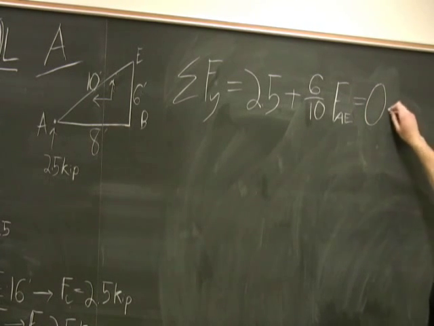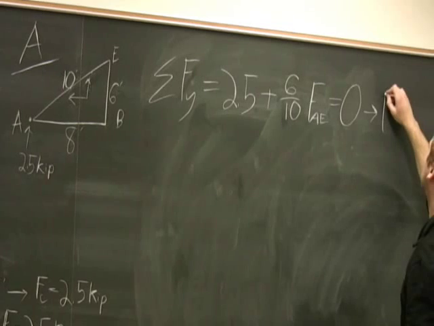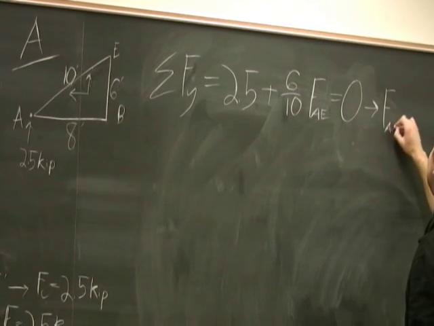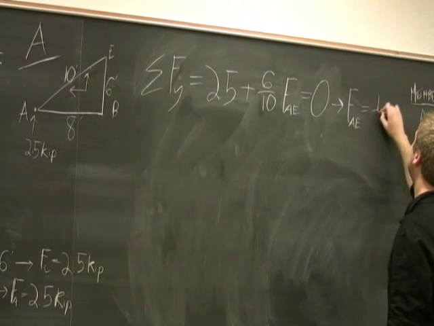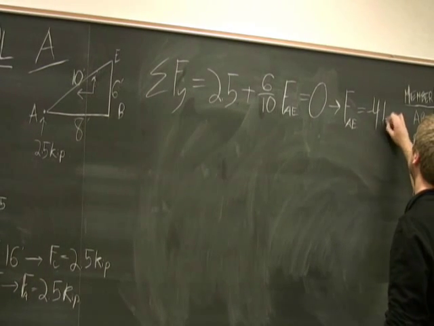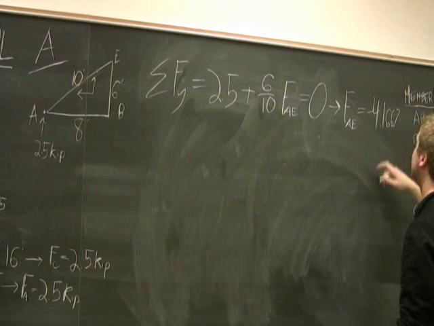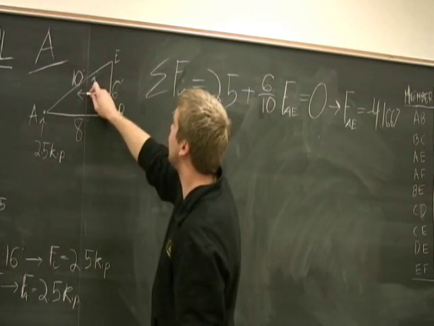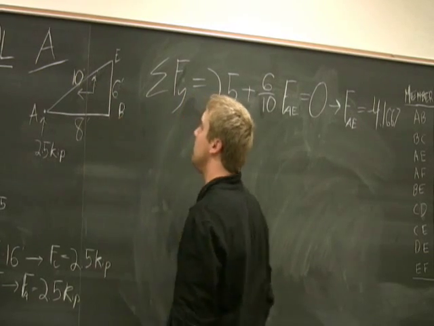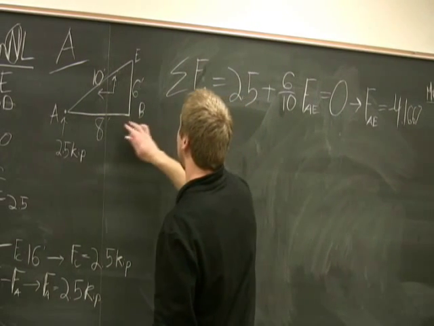So doing the math, we can find that the force in member AE is equal to negative 4.1667 kips.